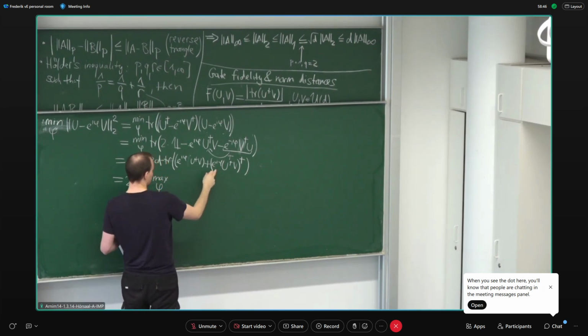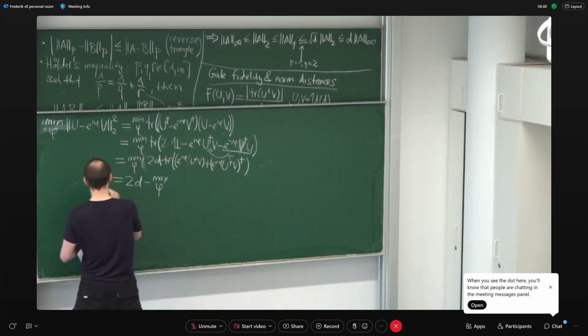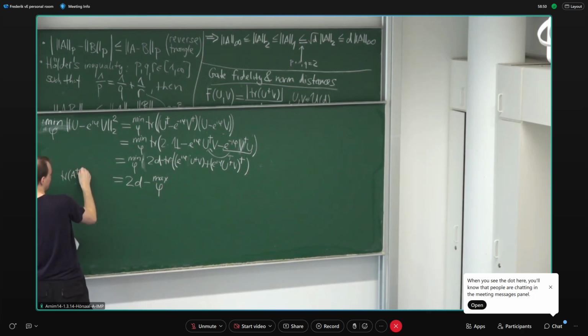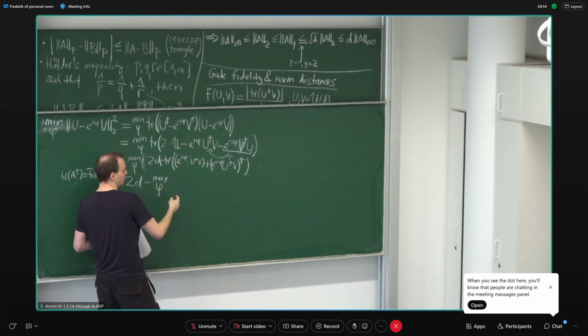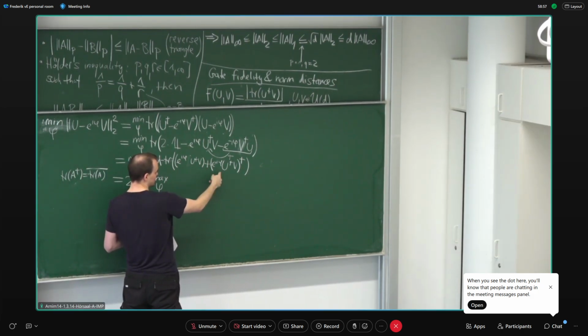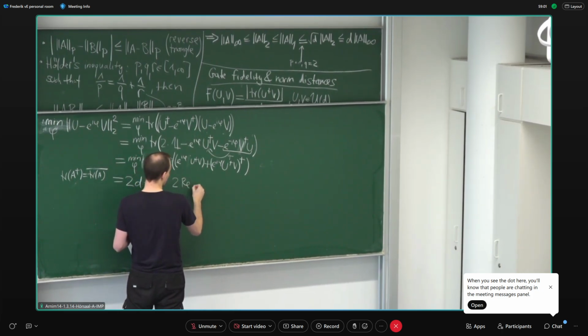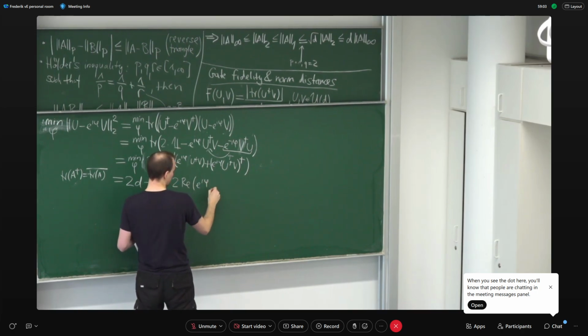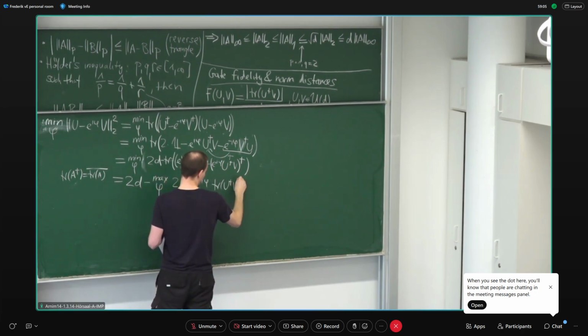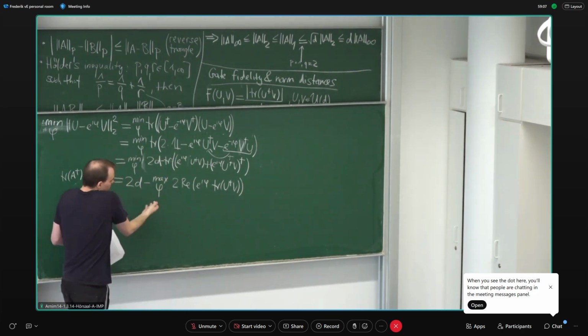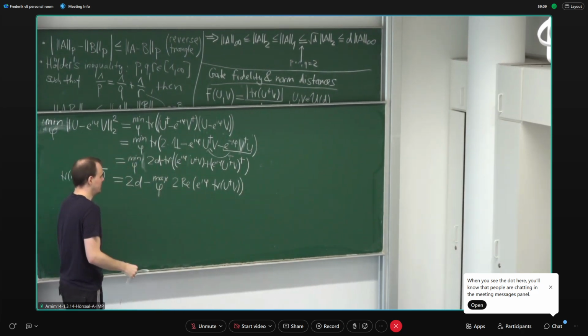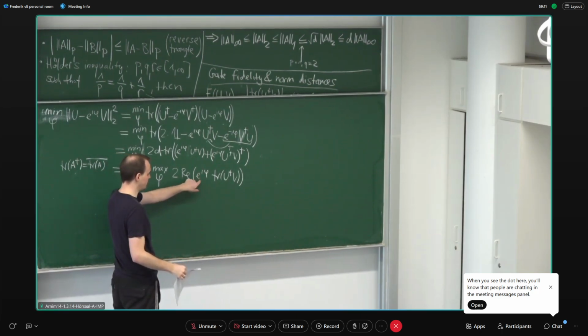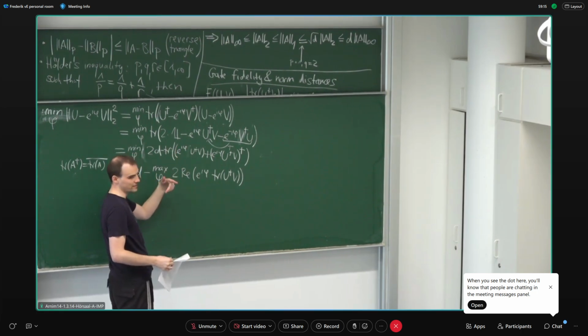Now here, because the trace of A dagger is the trace of A conjugated, we have a complex number plus its complex conjugate, so that's 2 times its real part. So what this maximization entails is that we are maximizing this real value over the circle, like we're adding a phase.